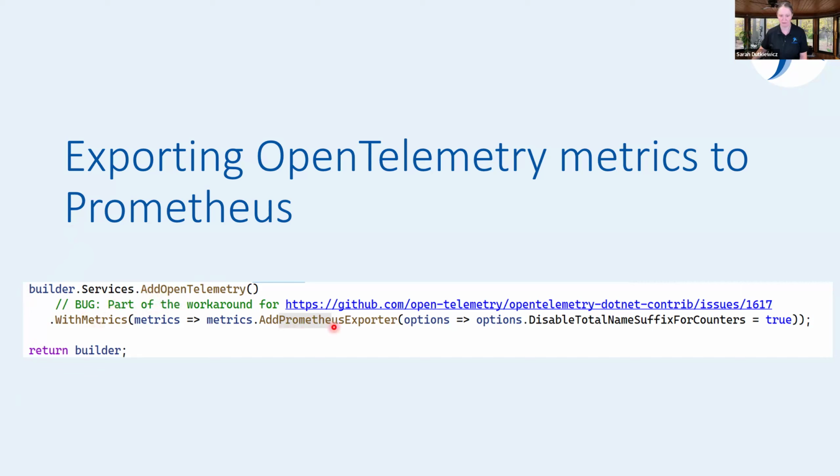And then there's the AddPrometheusExporter. So if you're wondering how the OpenTelemetry stuff is going to Prometheus, there's a lot of code that makes it easy for us to set that up. And by a lot of code, this is it. So AddOpenTelemetry will handle a lot of the details for working with OpenTelemetry and with metrics. And I'll show you the code and how simple it is to get started.